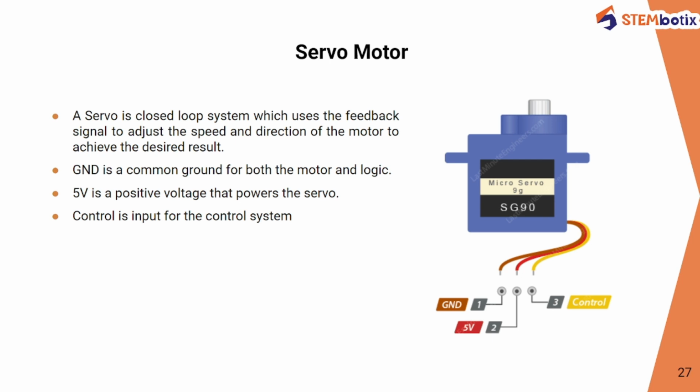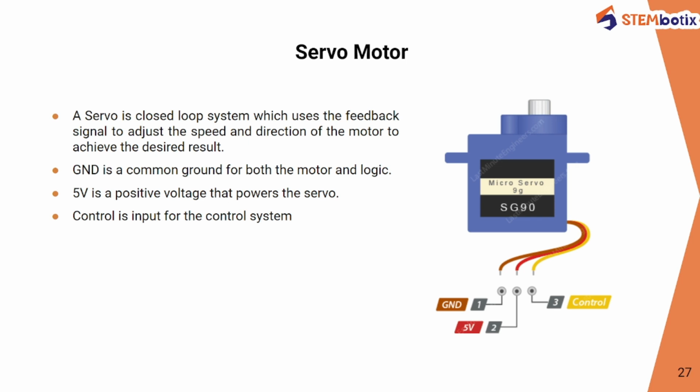The servo motor is part of a closed loop system consisting of a motor, gear system, a position sensor and control circuit. The motor is connected to the gear system, which reduces the motor speed, increases torque and provides feedback to the potentiometer. This potentiometer converts the feedback signal into an electrical signal and feeds the information into the control circuit.